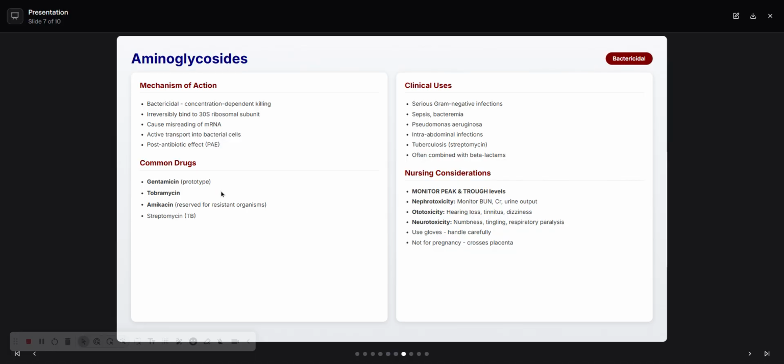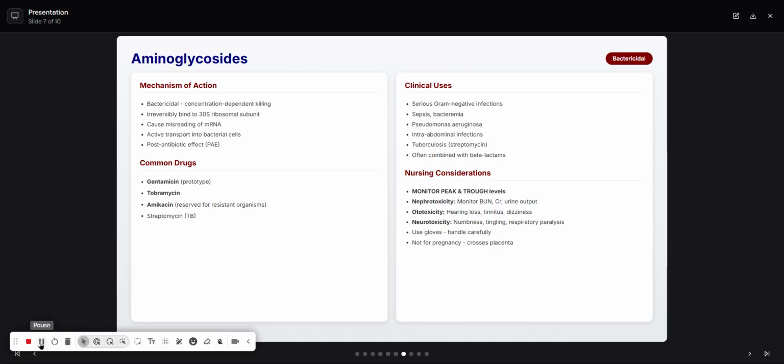Aminoglycosides. Now, this one is bactericidal, like penicillins and cephalosporins, and it messes with the DNA of the bacteria. And a common drug is gentamicin. This is a big one you have to probably memorize. And look, it's mycin.